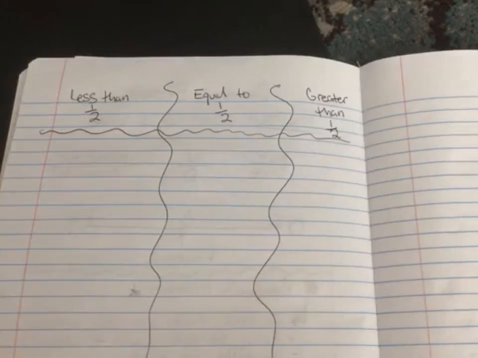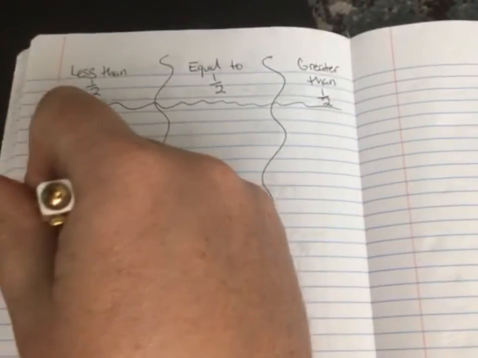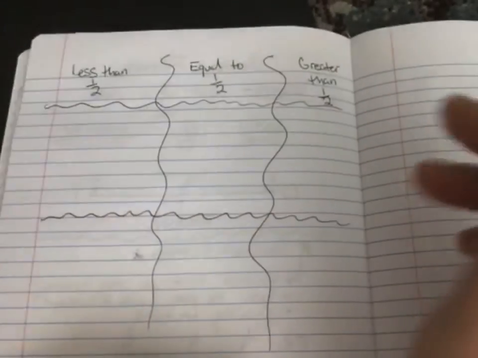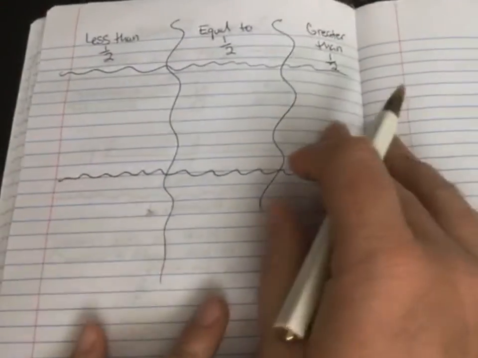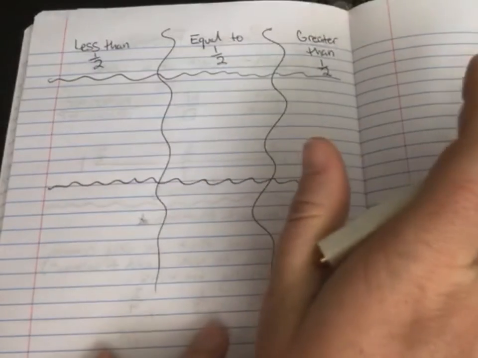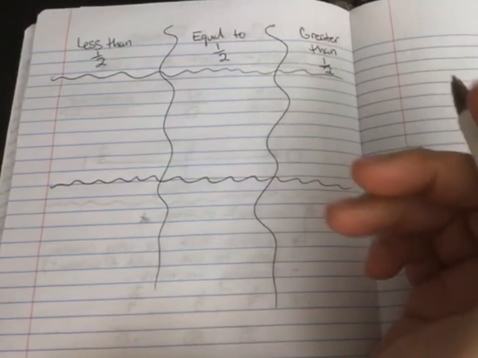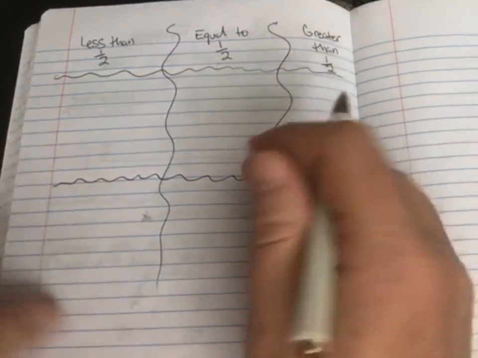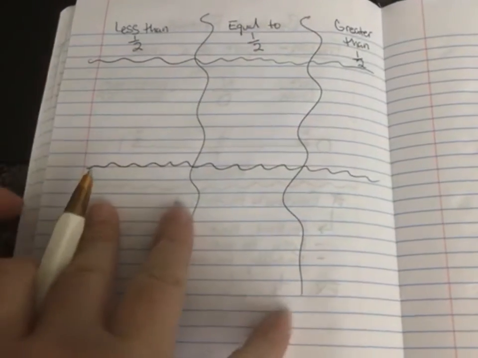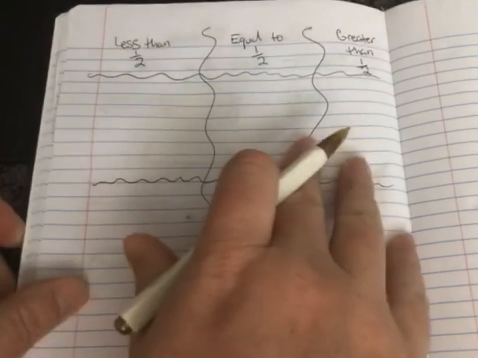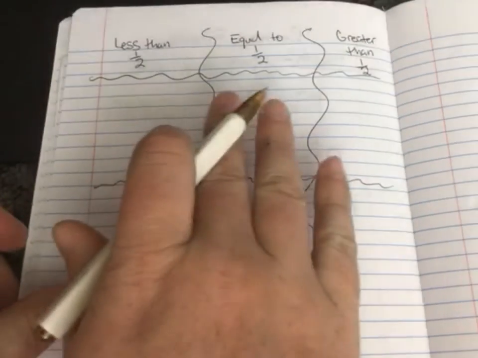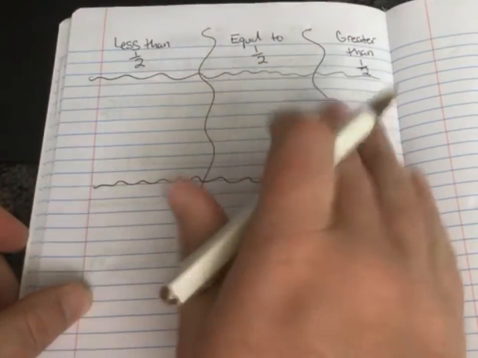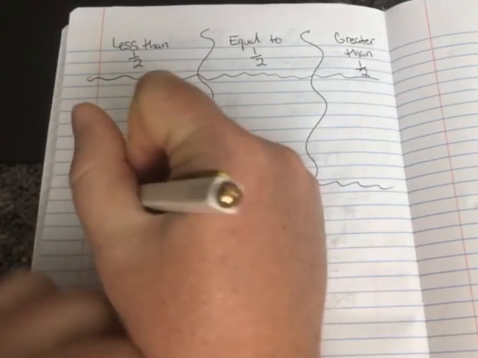So we're going to practice here a little bit. This is going to be very, very similar to your activity. I'm not going to do a ton here, but I just want to do this with you guys and have a few in your notes. So I'm going to write some fractions on the side over here, and then we're going to put them into the category of less than a half, equal to a half, or greater than a half. So just copy these fractions with me.